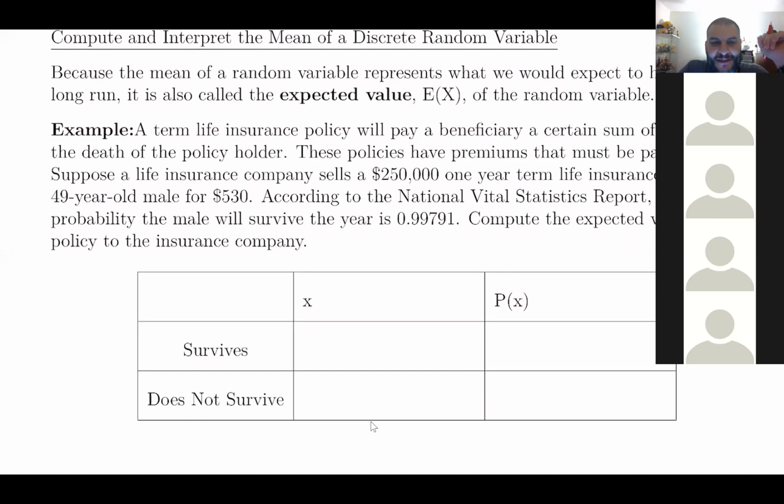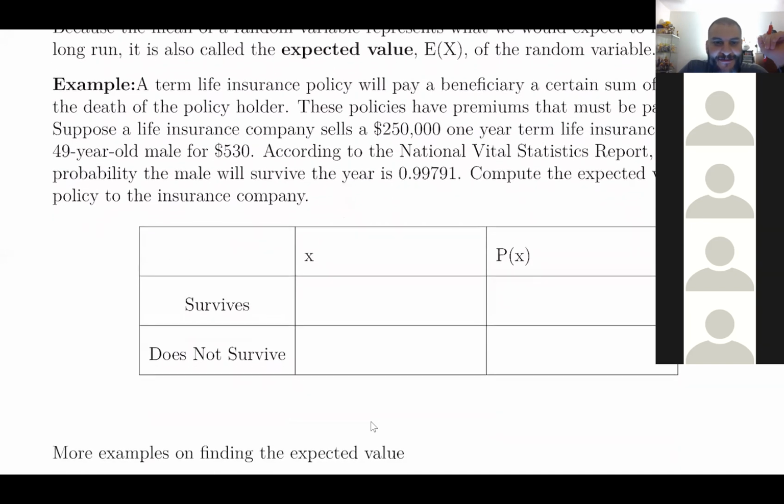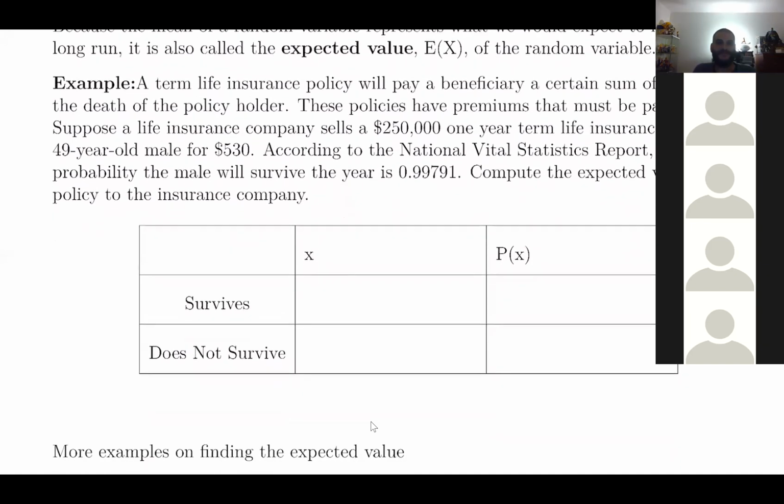All right, so let's have some fun with this. It says a term life insurance policy will pay a beneficiary a certain sum of money upon the death of the policyholder. The policy has a premium that must be paid annually.